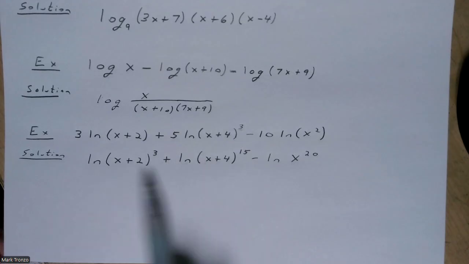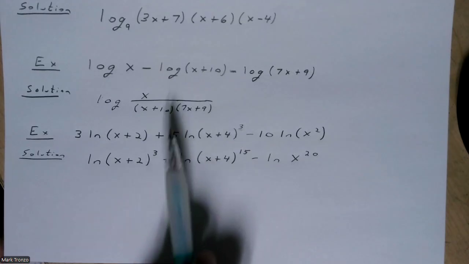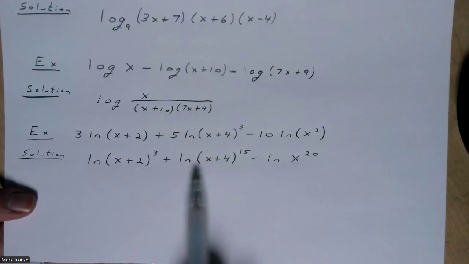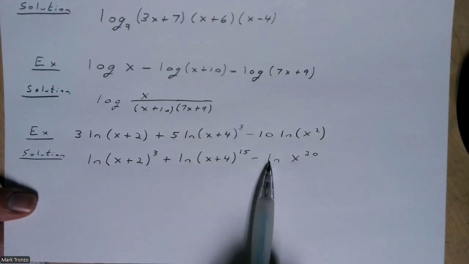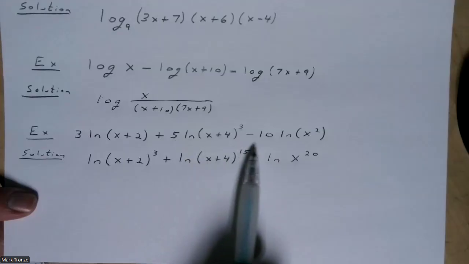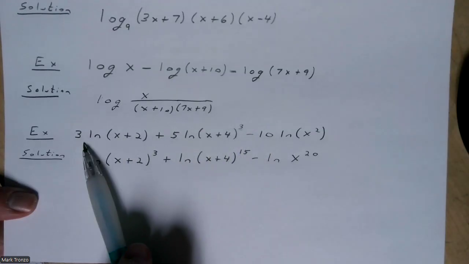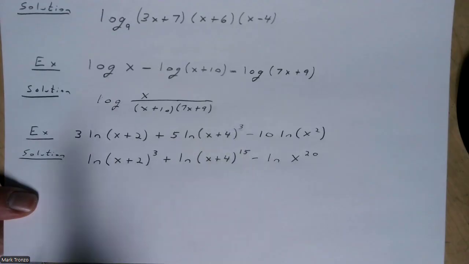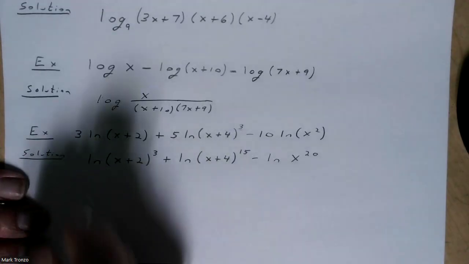We have to do that before we're allowed to write this as a product. We can't have anything in front here. In other words, we could not have written this as a product and a quotient right away. We needed to get rid of anything that was in front of the log. Now we can put everything together.